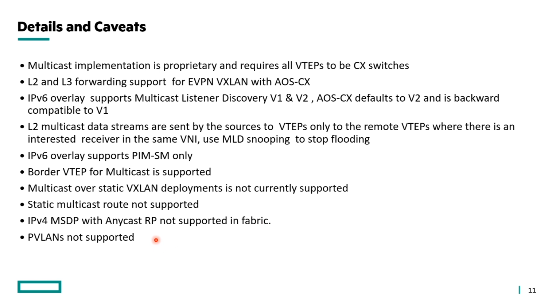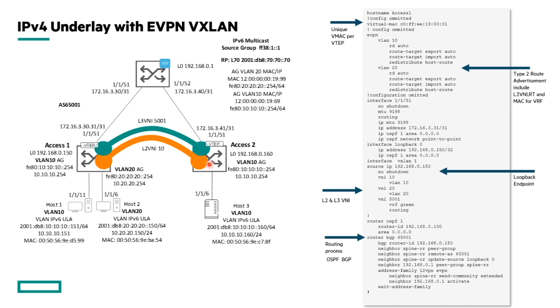Now let's cover some of the configuration, and this configuration is just specific to IPv4 underlay. Throughout the rest of this update, we'll be using this topology as shown here, where we have access 1 as a specific VTEP and access 2 as a specific VTEP, and we have a route reflector or a spine switch also.